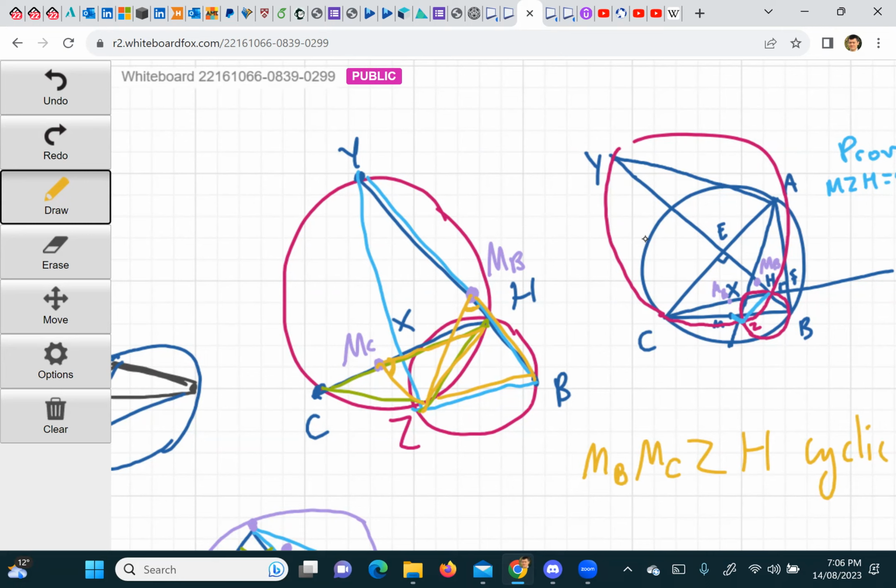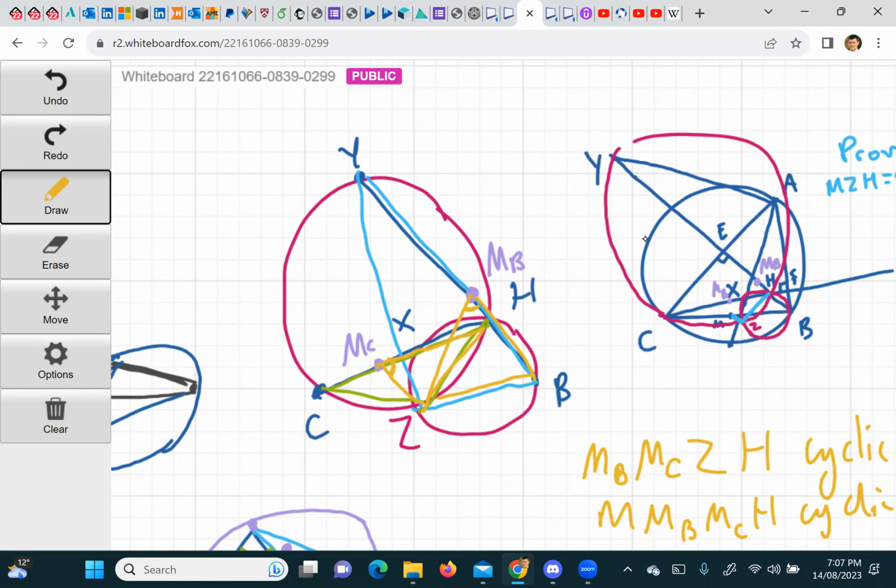And we already know that the 90 degrees are cyclic, right? Like we already know that B, M, C, H is cyclic. So all of them are cyclic, and because we know the angles are 90 degrees, then we know the angle at Z is 90 degrees.